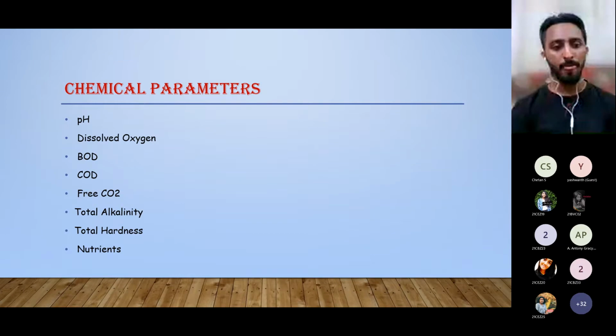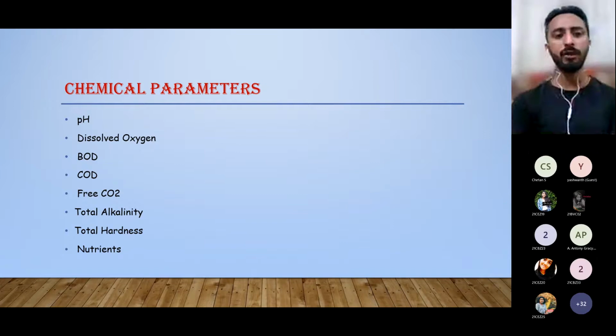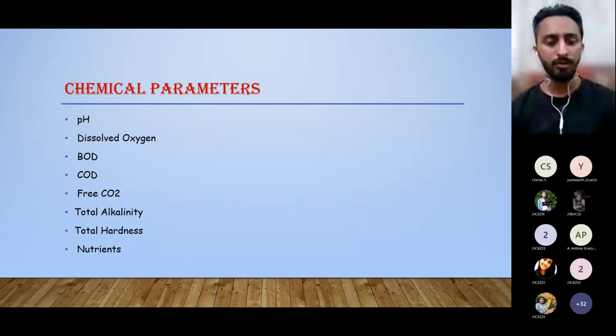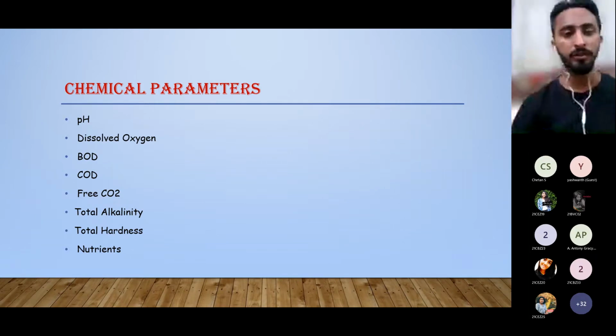So the physical and chemical parameters that we have discussed so far are very important because they affect the overall growth and living of the phytoplankton and zooplankton.